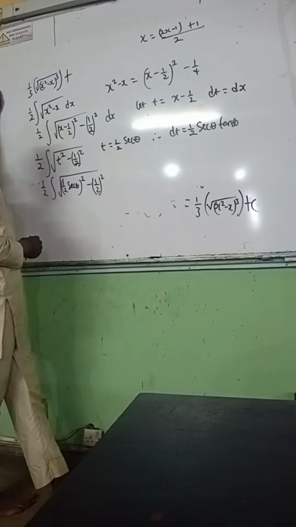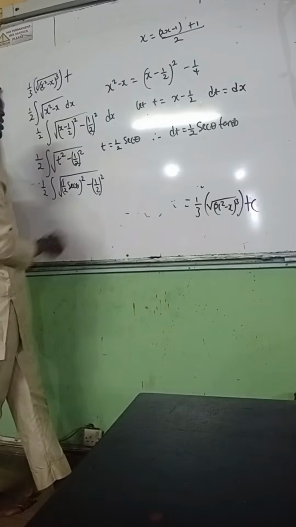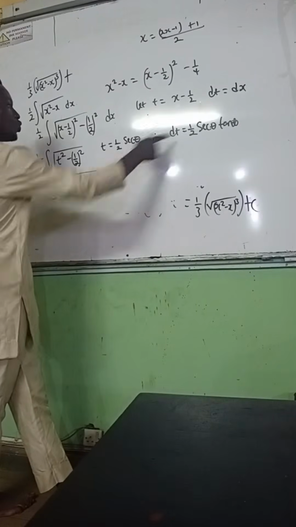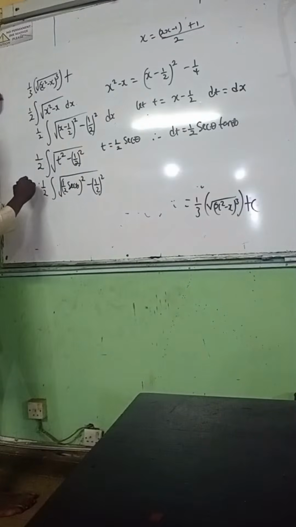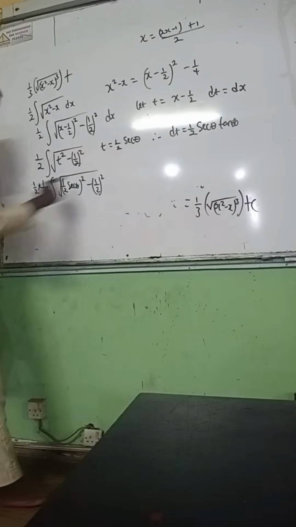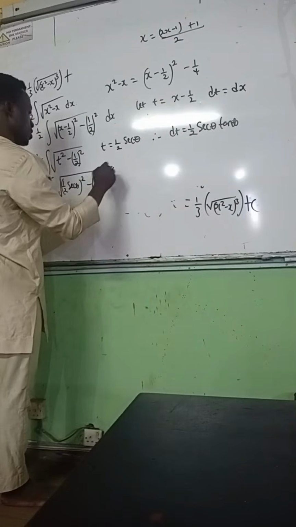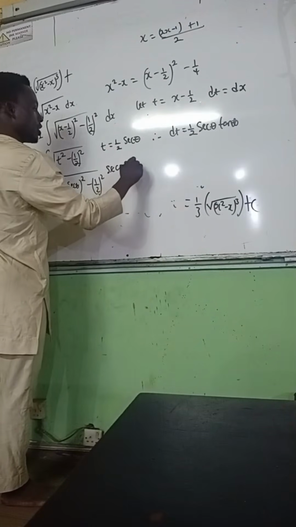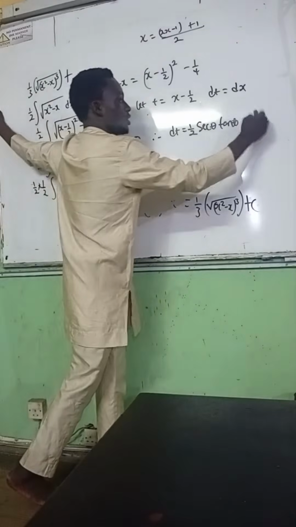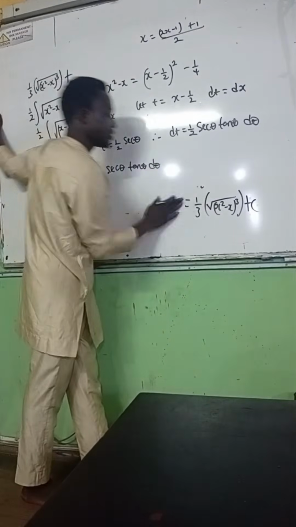What's our dt? Our dt is 1 over 2 sec theta tan theta d theta. 1 over 2 times 1 over 2 is a constant, it can come out.